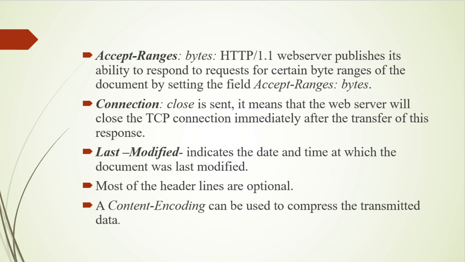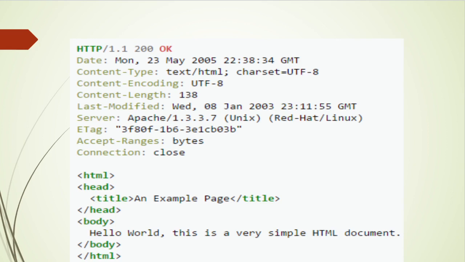The next is accept ranges bytes, which means HTTP/1.1 version. The web server publishes its ability to respond to requests for a certain byte range of the document by setting the field as Accept-Ranges: bytes. In this example, in the 9th line, Accept-Ranges: bytes.